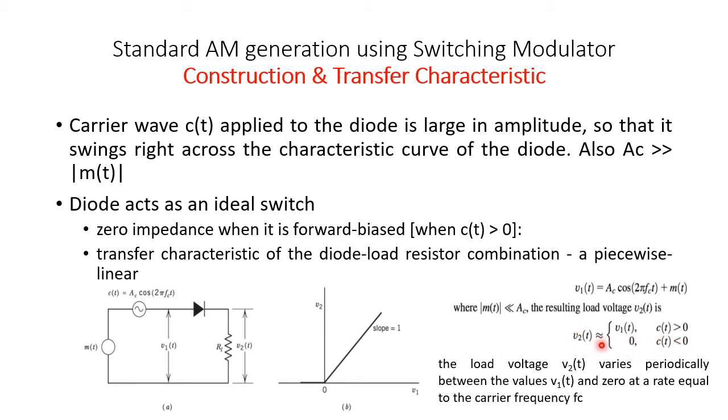So this complete V2 of t is not our modulated output. In fact, a component of this V2 of t is our modulated output.